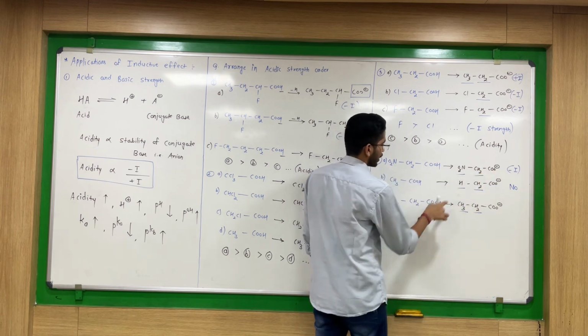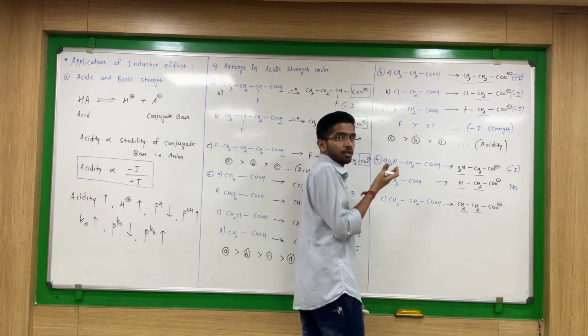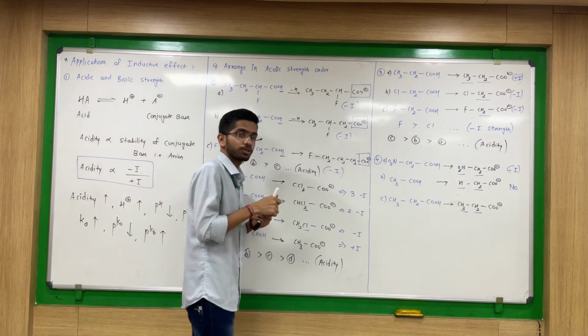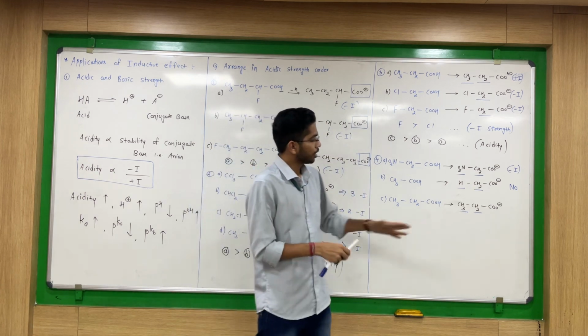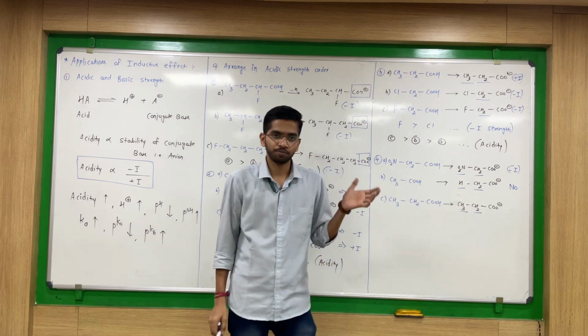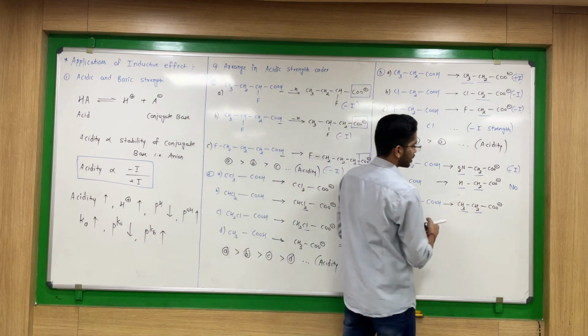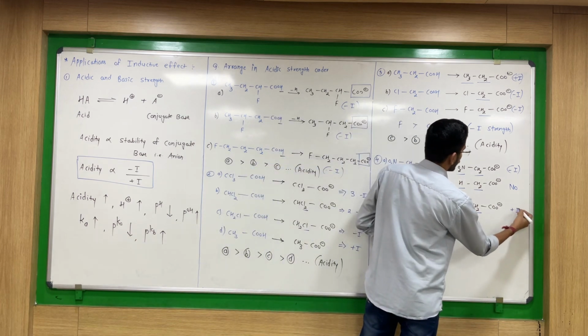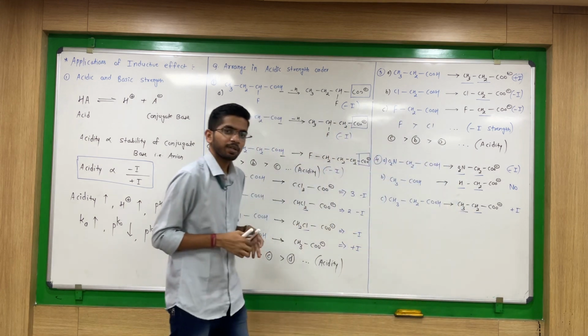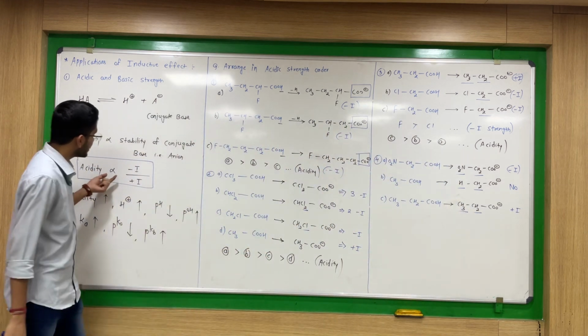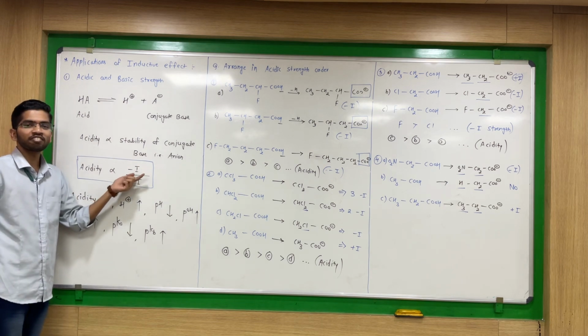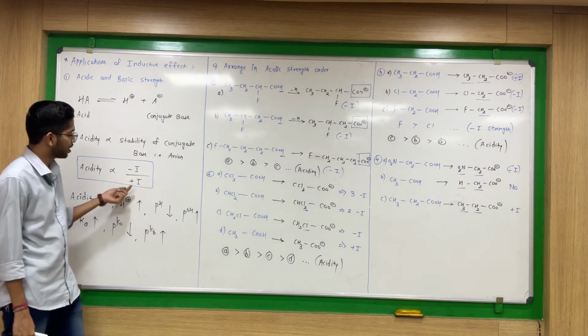NO2 minus inductive effect, H no inductive effect, because we have made those series of plus and minus considering H as the reference point, 0. So now here CH3. CH3 is what? Plus inductive effect. What is the requirement for acidity? Acidity is directly proportional to the minus inductive effect, inversely proportional to the plus inductive effect.